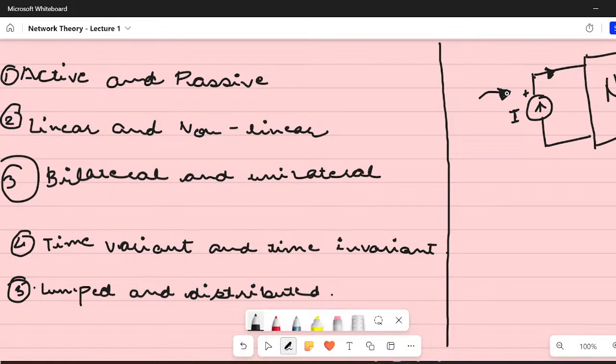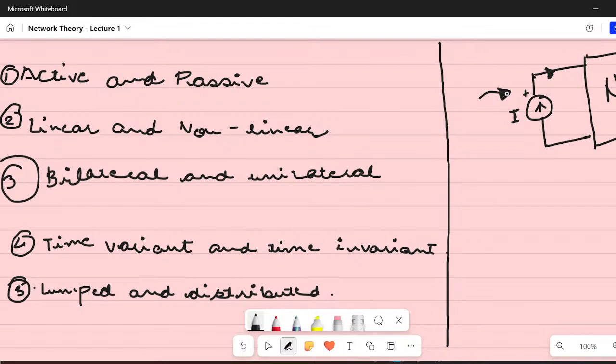Anything which is delivering to a network would be an active element. Similarly, transistors which have the capability of amplifying our signal are also active elements. These are basic definitions, and I don't think there'll be any doubt when I cover these topics.